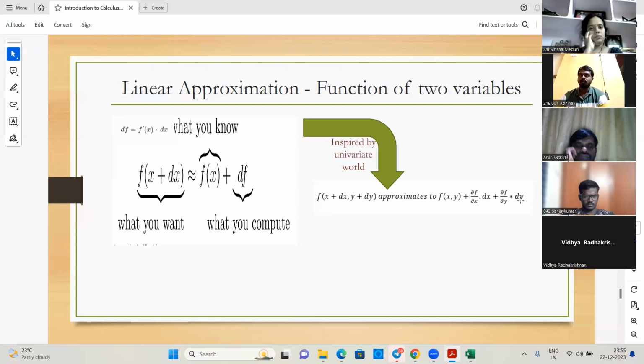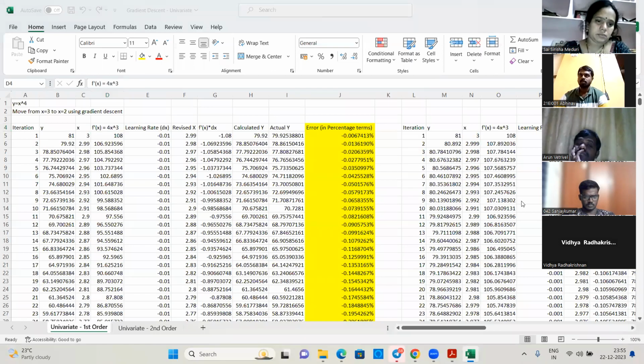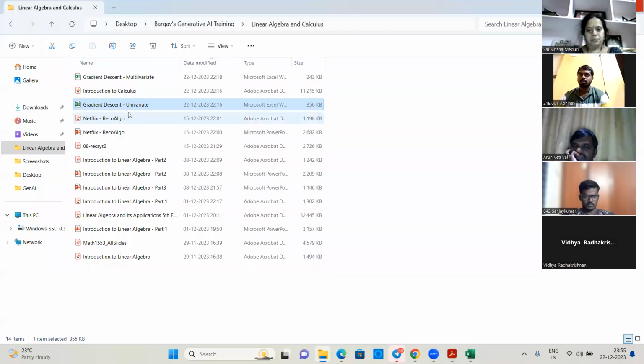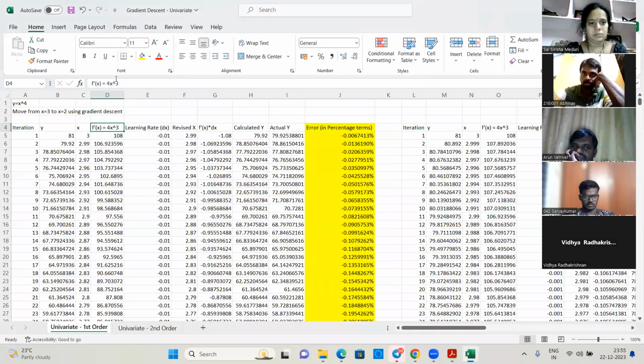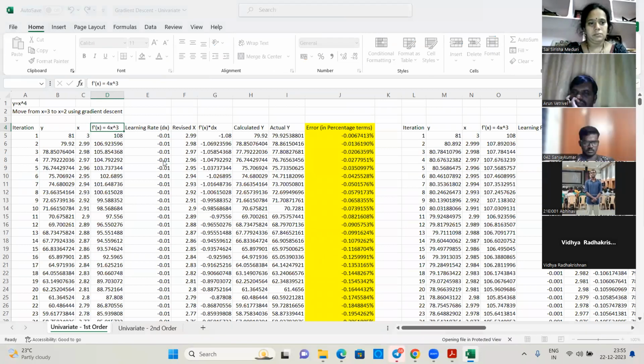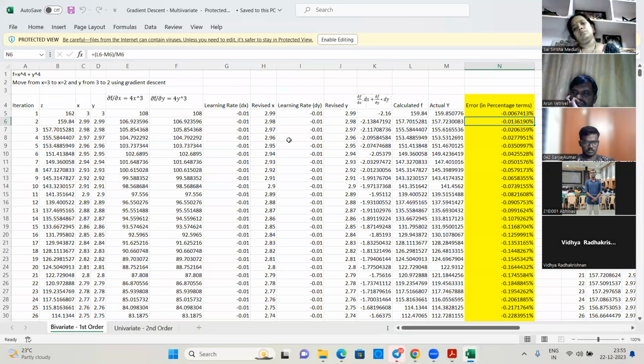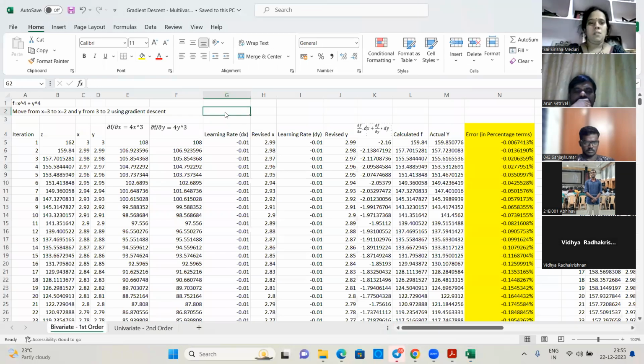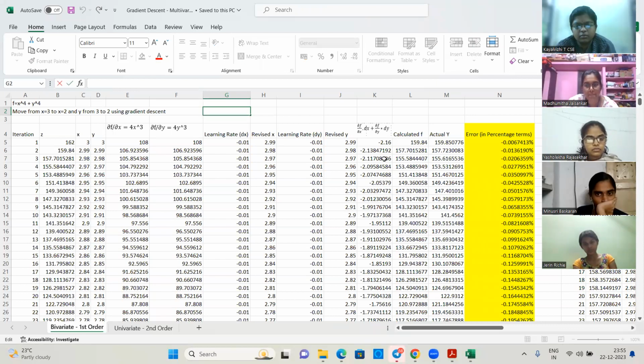Now, I'll just take one example and I'll stop with that. Gradient descent. I'm not going to go through a lot of details. We go through the detail in the next class, but briefly, I'll tell you what we're doing here.